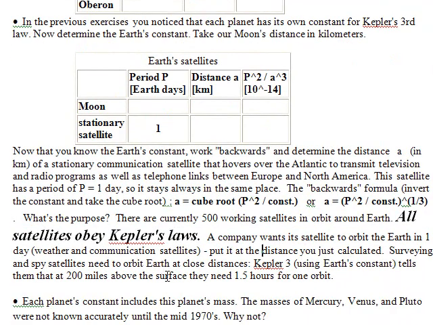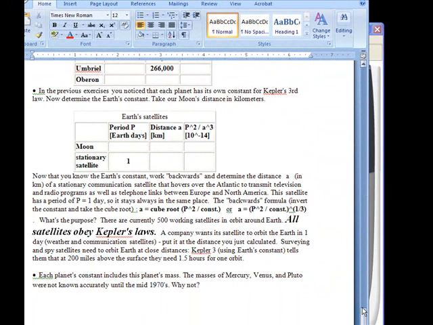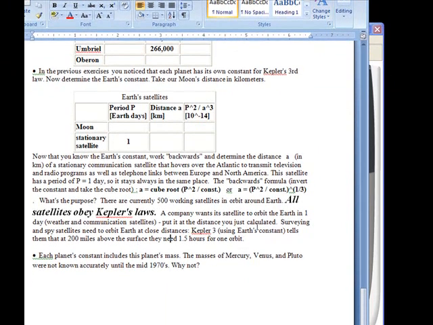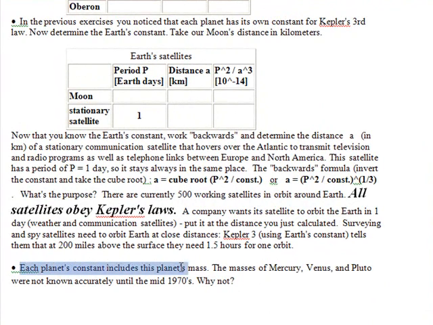One thing I didn't mention yet with Kepler's third law is that the constant that we come up with includes the planet's mass for each of the moons, or in the case of the Sun, it includes the Sun's mass.